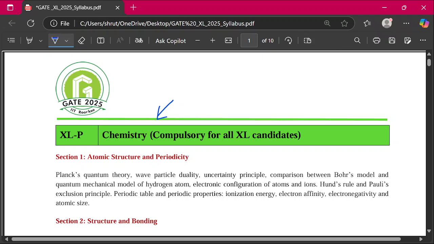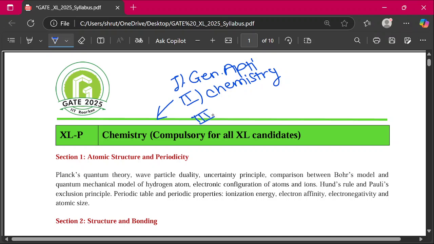And one more thing, this is the compulsory part for all Excel candidates: the general aptitude, which is section 1. Then second is chemistry, and third is the elective papers.